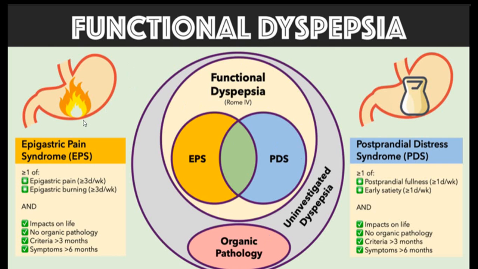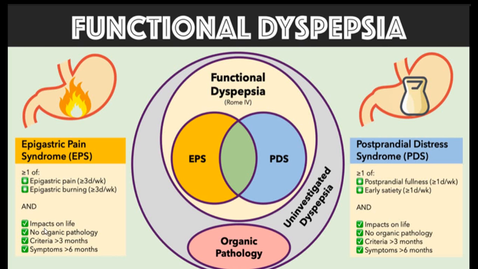So for epigastric pain syndrome, for confirmation you require at least one criterion from these two: epigastric pain for more than 3 days in a week, or epigastric burning sensation for more than 3 days in a week. Either of these two, one criterion should be there, and it is producing impact on life.